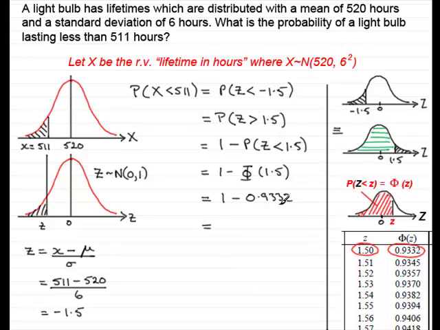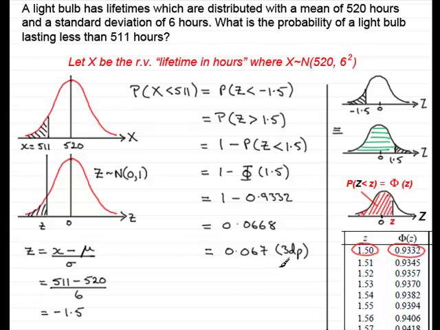Do the subtraction now, and what you end up with is 0.0668, and we need to round this to 3 decimal places, and this will be 0.067 to 3 decimal places.